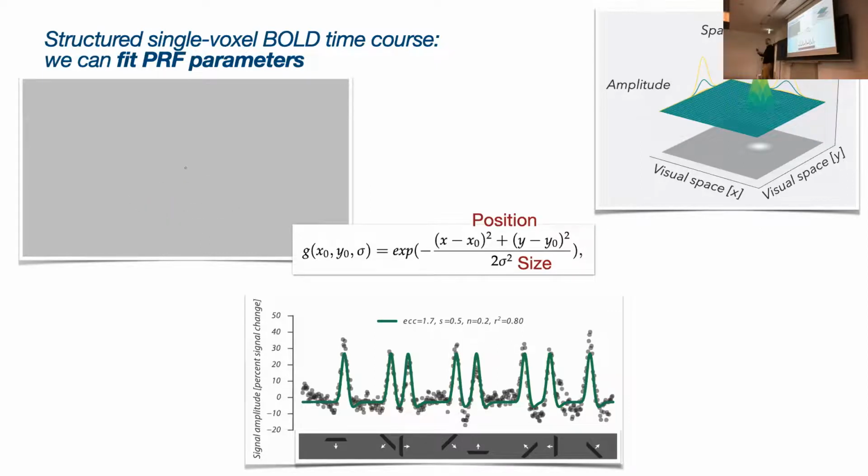So there's this beautiful difference there. The size actually means something. You can explain these BOLD response time courses really well by changing these parameters. Does that clarify things a bit?